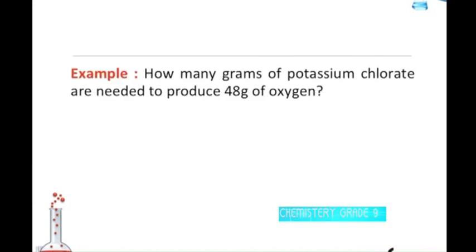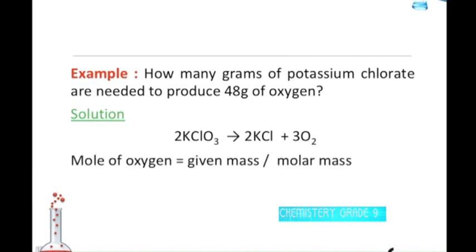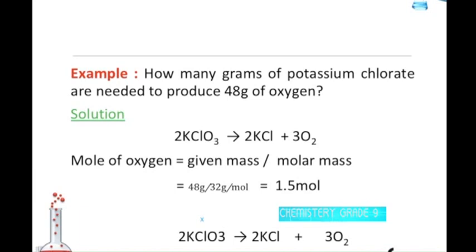For example, how many grams of potassium chlorate are needed to produce 48 grams of oxygen? The moles of oxygen is equal to the given mass divided by the molar mass. You can tell this because the grams cancel out to yield moles. You get 1.5. So we put the 1.5 over the oxygen, the X over the potassium chlorate.